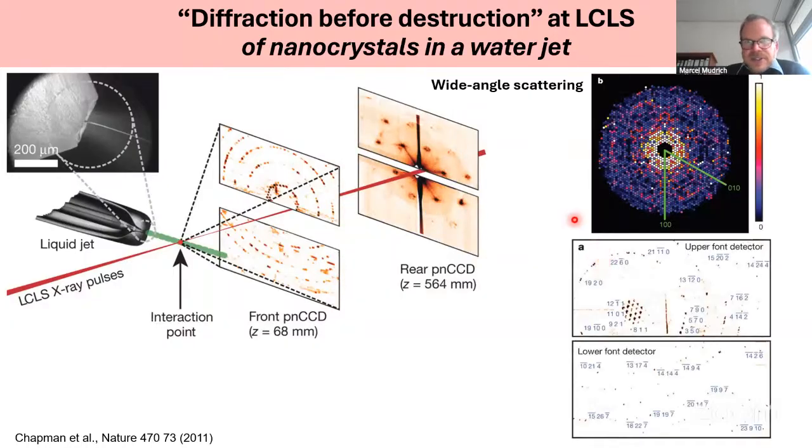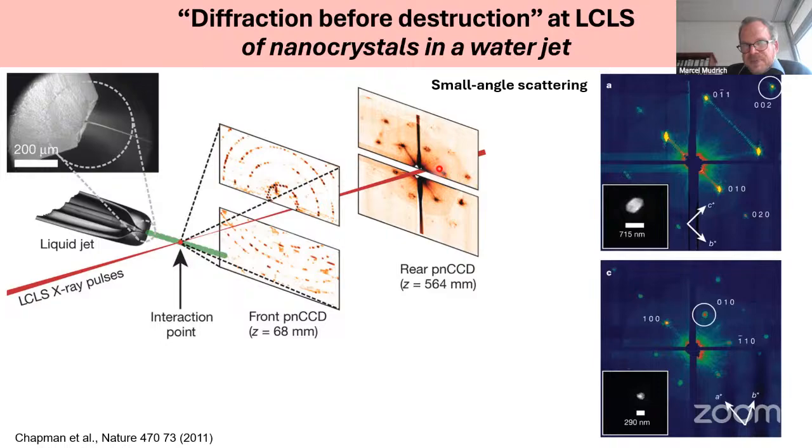Just to give an example of a scattering image recorded from the first detector that records the wide angle scattering. There you can typically identify specific groups, which can be attributed to the atomic crystalline structure inside the nanoparticle, whereas here at the small angle scattering, these patterns can be related to the overall shape.